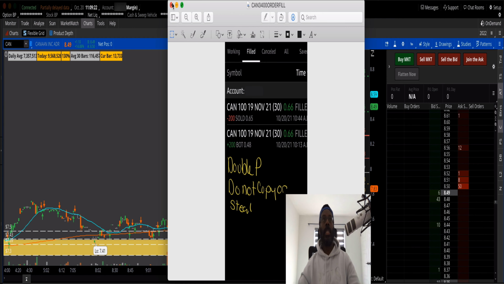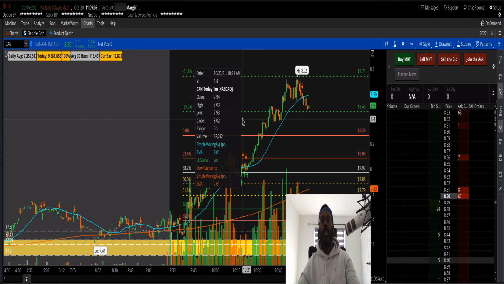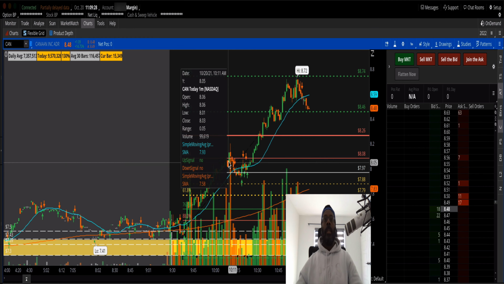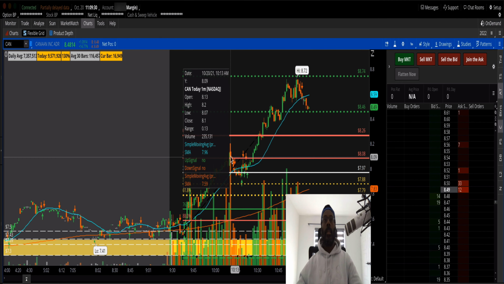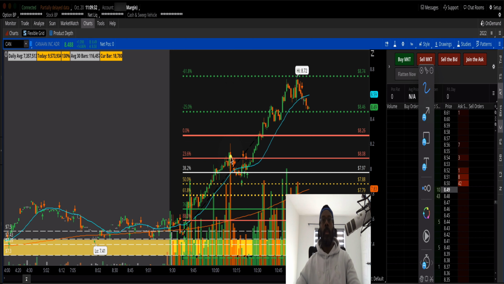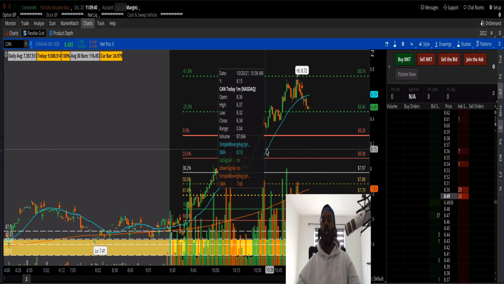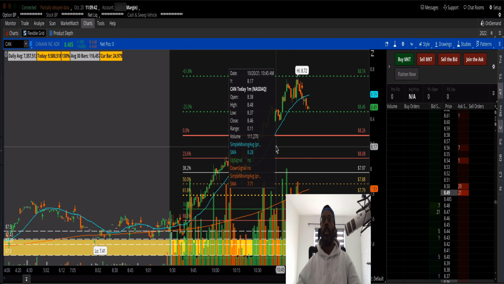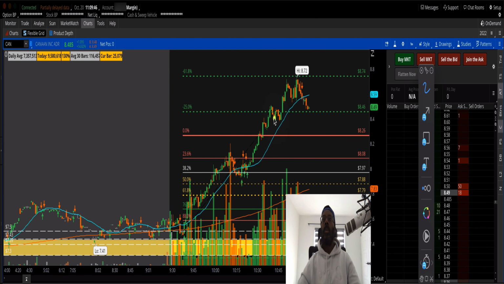So 10:13, 10:44. So let's go to 10:13 so that you see it here. 10:13, right here. This was my entry on the 23.6 level retracement. And 10:44. So roughly 10:44, this is when I got out.